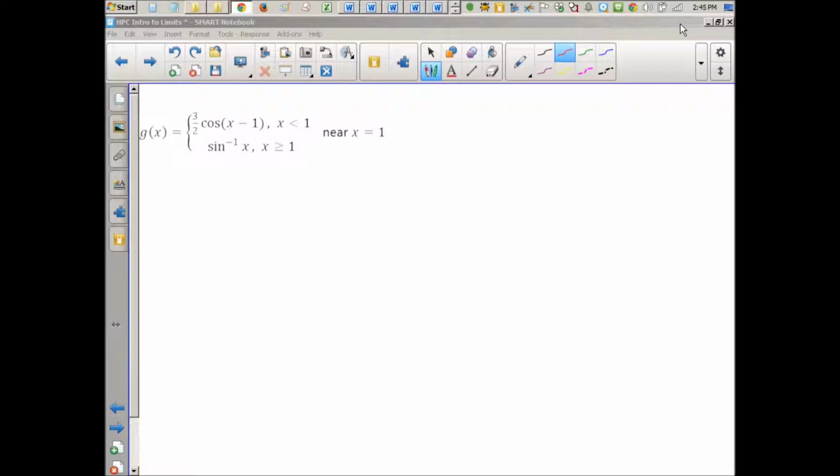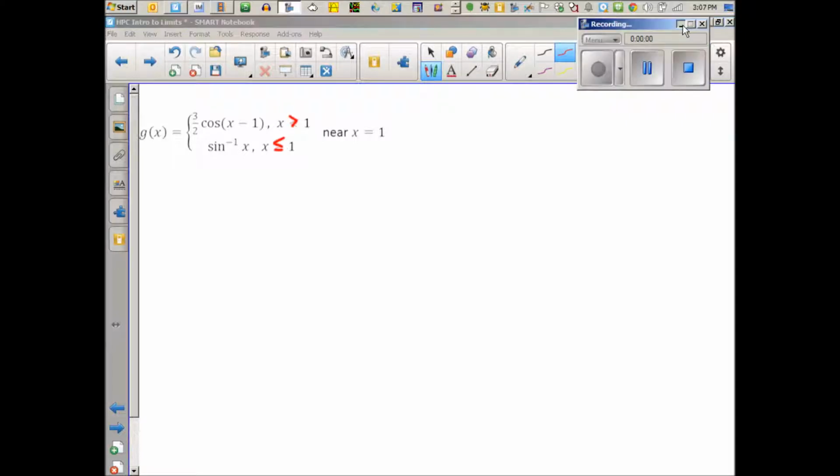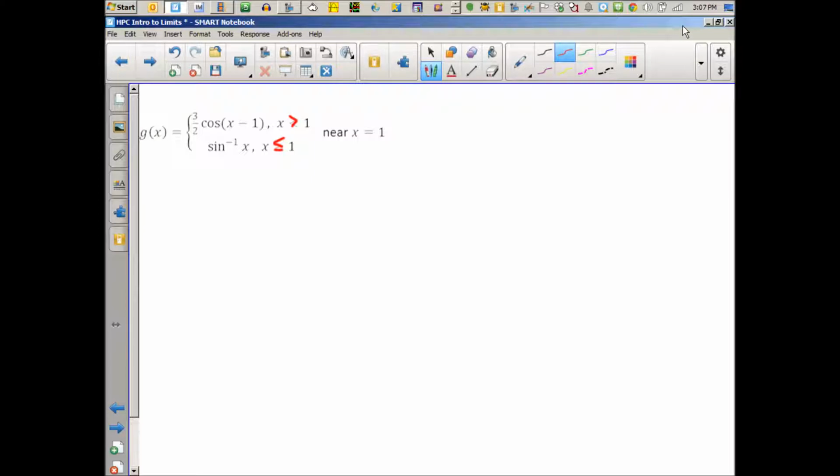Okay, before we start this problem, there is a slight error here. This should have been the greater than, and this should have been the less than or equal. Okay? That's pretty important. Make sure you correct that before we start this problem. Okay, so this one is dealing with a cosine graph and a sine inverse graph.